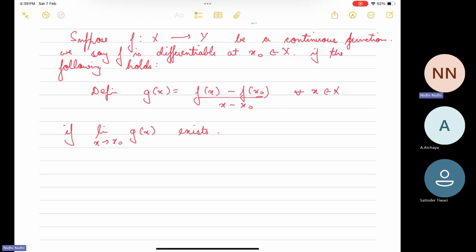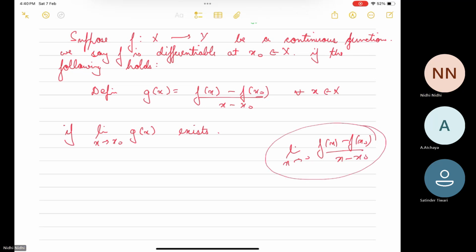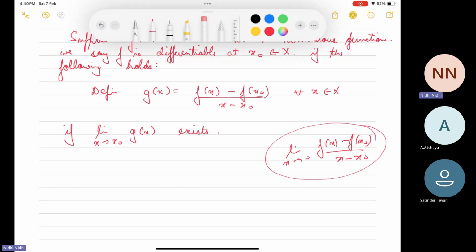I defined this new function gx just for simplicity. This is basically limit x tending to x naught of fx minus fx naught upon x minus x naught should exist. That's what differentiability asks. So using this, we will see differentiability of some functions.